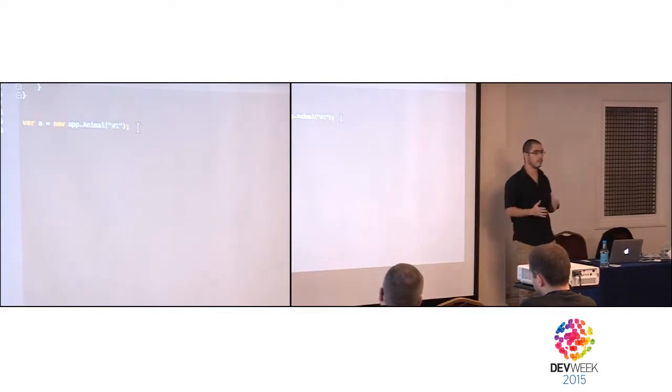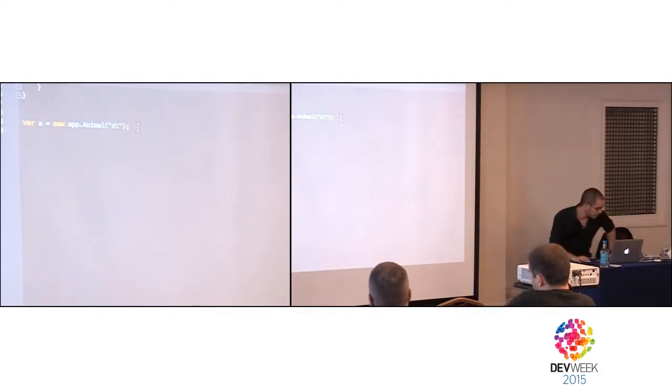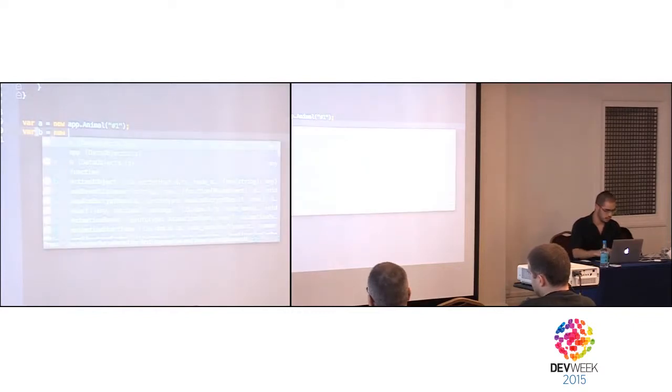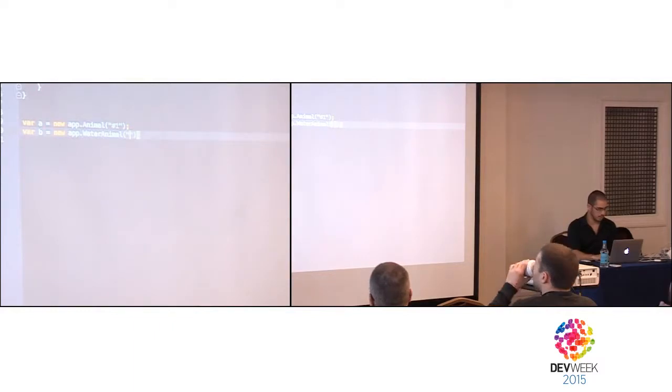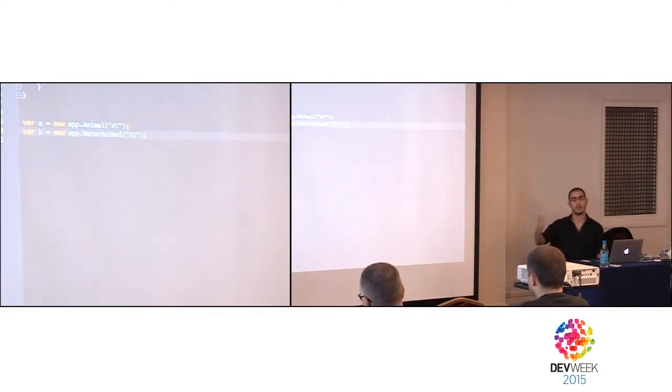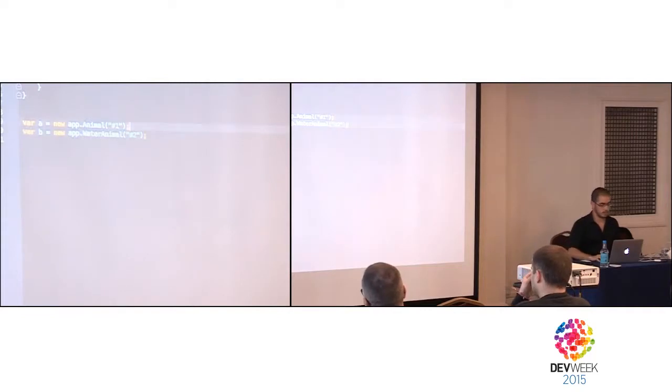So this is the first difference we can see, because here I can create an instance of water animal with no problem, and it's actually inheriting the constructor. It's saying, if you haven't specified, I'm going to take my base class. Of course, if I want, I can override it.